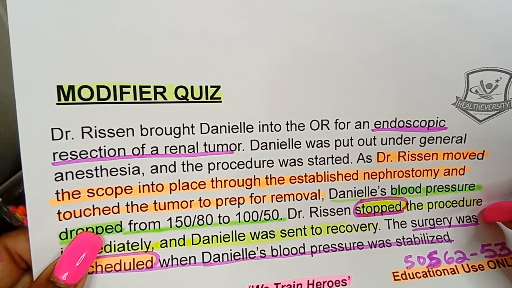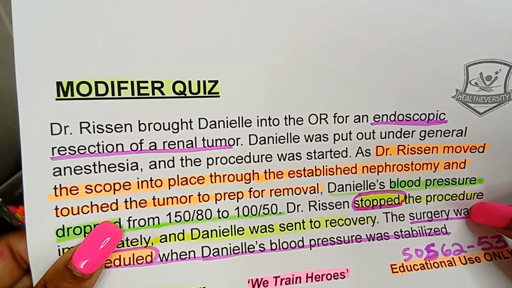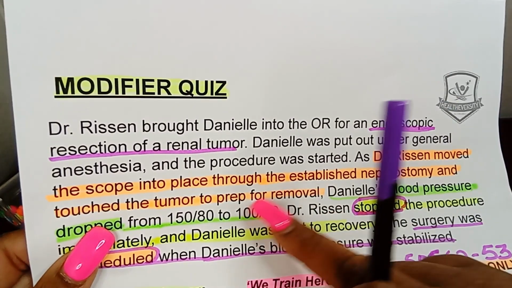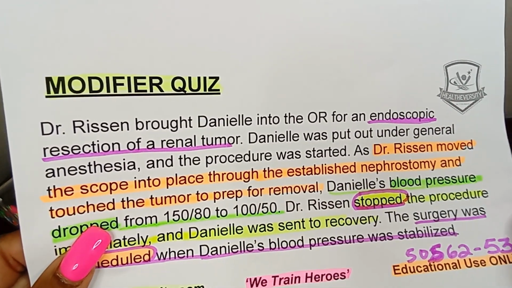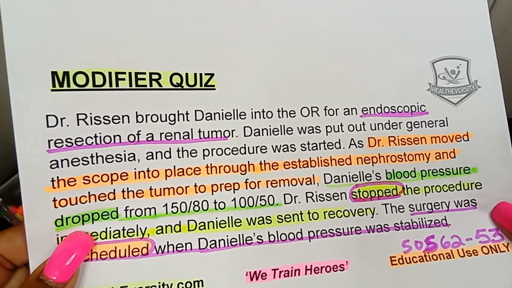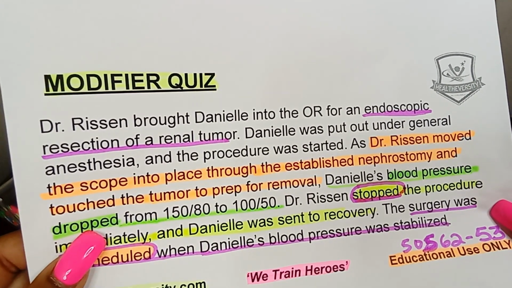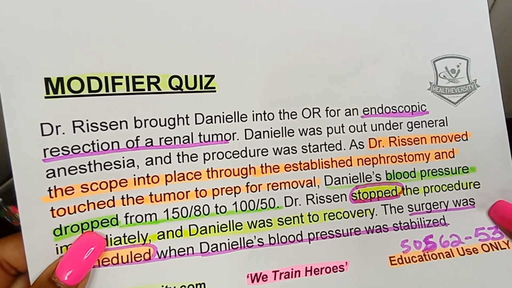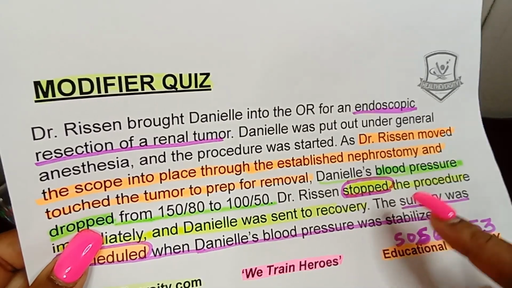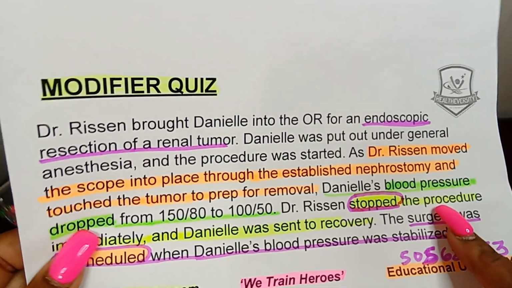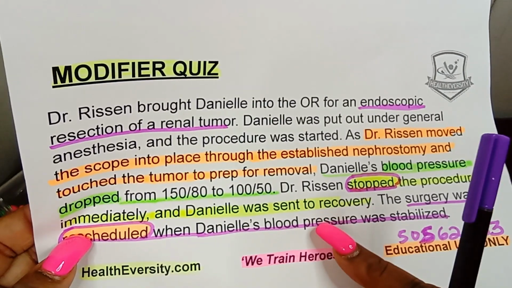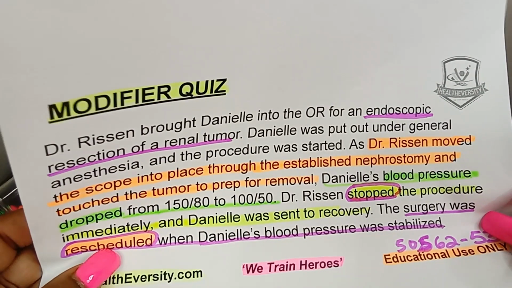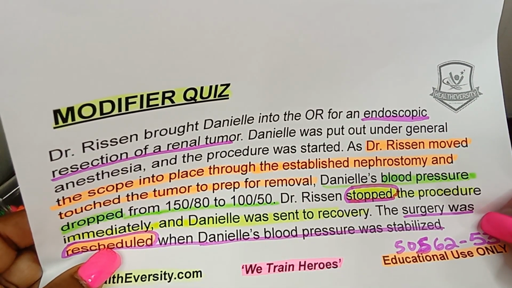As Dr. Rezin moved the scope into place through the established nephrostomy and touched the tumor to prep for removal, Daniel's blood pressure dropped from 150/80 to 100/50. Dr. Rezin stopped the procedure immediately, and Daniel was sent to recovery. The surgery was rescheduled when Daniel's blood pressure was stable.